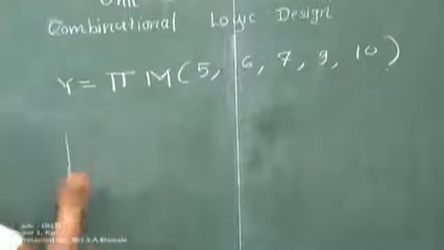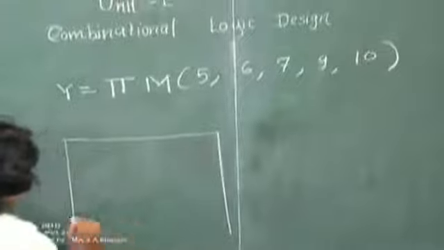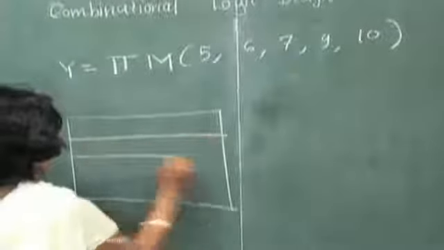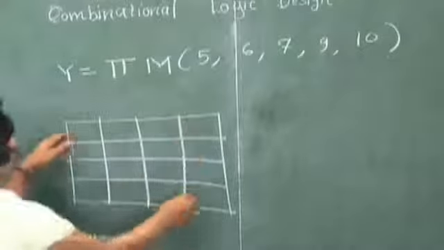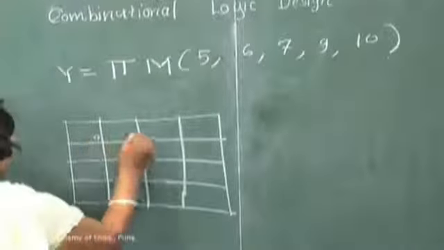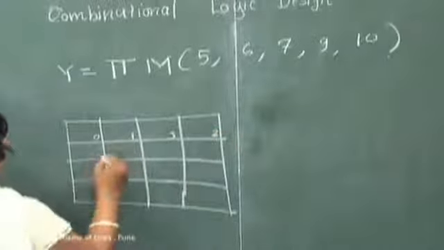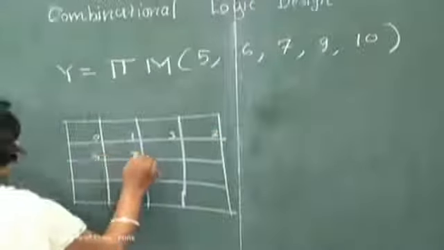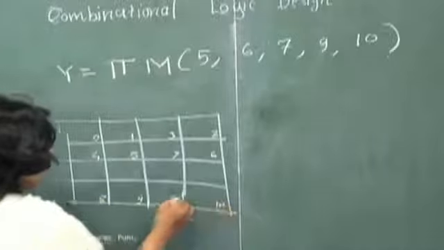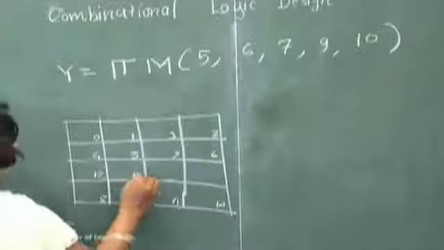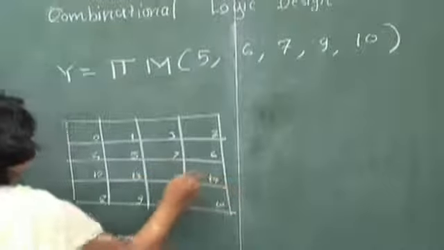So for a 4 variable K-map, a total of 16 combinations will be there. As I have written using max terms, directly I can write down the numbers here: 4, 5, 6, 7, 8, 9, 10, 11, 12, 13, 14 and 15.